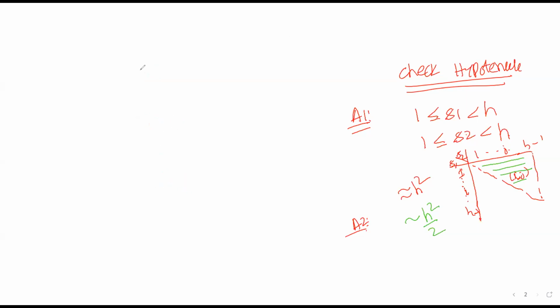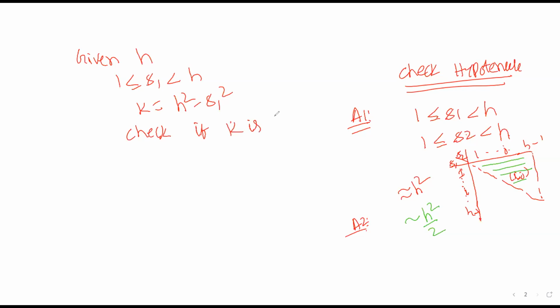So what is the better approach? Given h, we try different values of S1 to h, but then we compute K equal to h square minus S1 square and check if K is a perfect square.